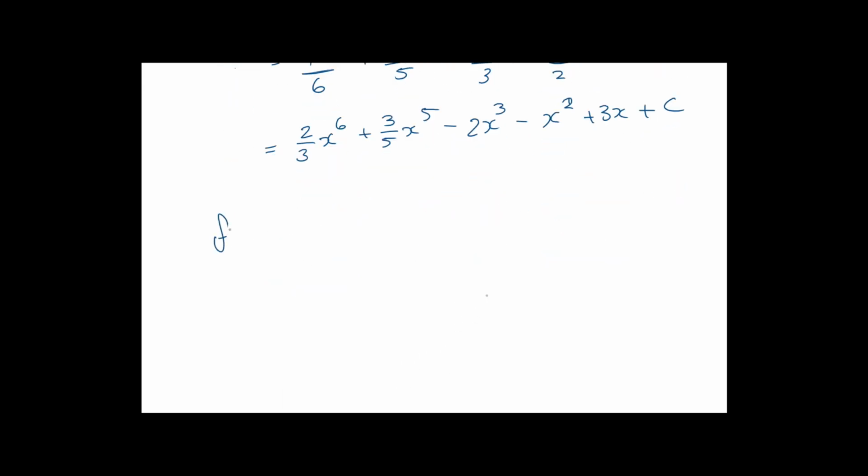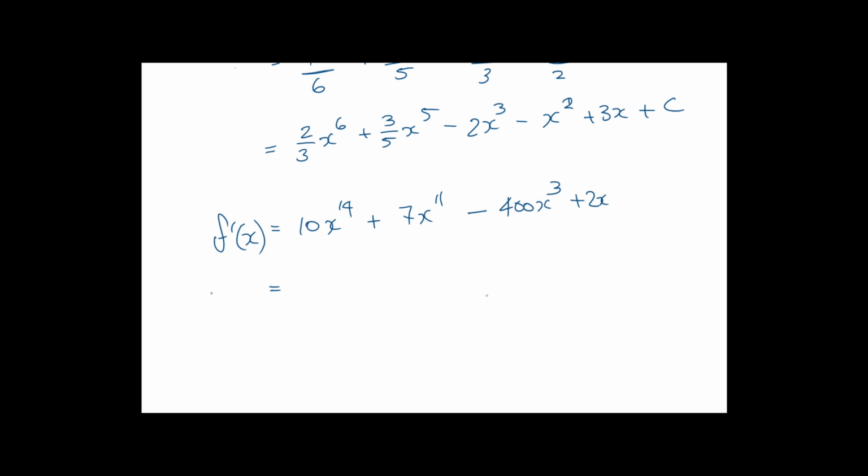So we have f dash of x equals 10x to the power of 14 plus 7x to the power of 11 minus 400x cubed plus 2x.